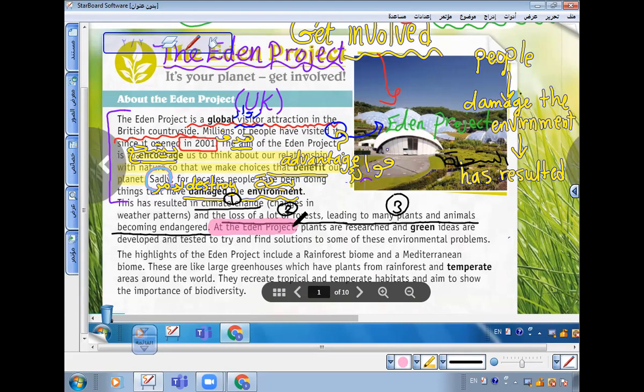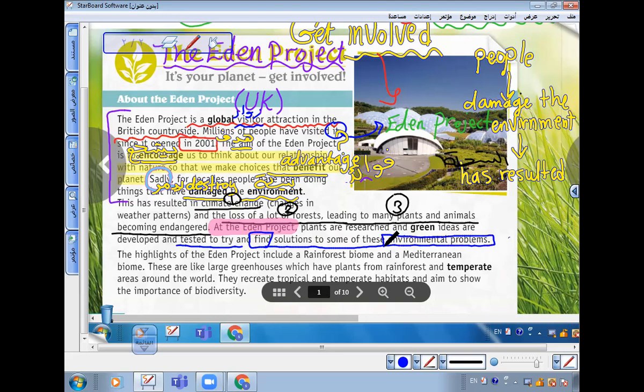Okay, why do you think that the United Kingdom government decided to build Eden project? ليش برأيك الحكومة البريطانية قررت تبني Eden project؟ طلع شو الهدف؟ To taste the plants حتى يجروا اختبار على النباتات، تمام؟ الهدف to taste the plant بيجروا اختبار على النباتات in order to find حتى نجد what solutions حلول to some of these environmental problems.